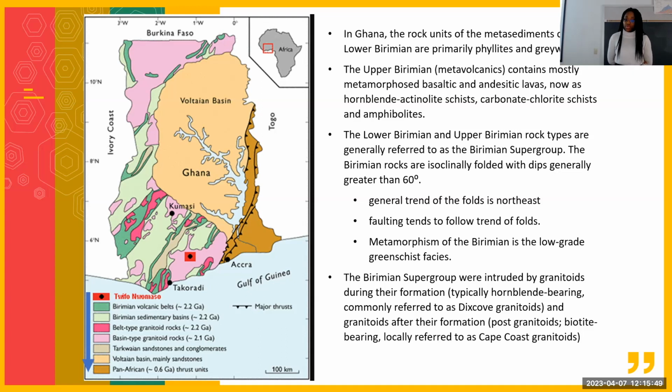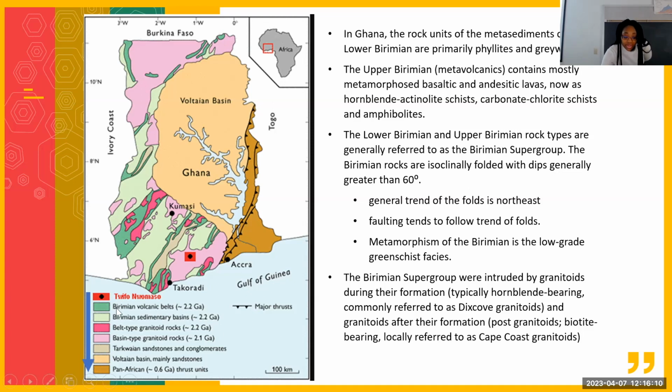The Birimian supergroup was intruded by granitoids during their formation. These were typically hornblende bearing and are commonly referred to as the Dixcove granitoids, and granitoids after their formation. So these were post-tectonic granitoids, biotite bearing, and are locally referred to as Cape Coast granitoids. Yes, after the previous regional capital.